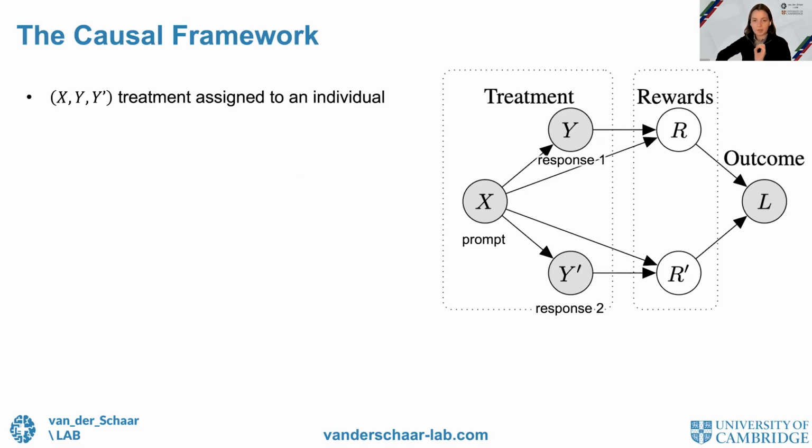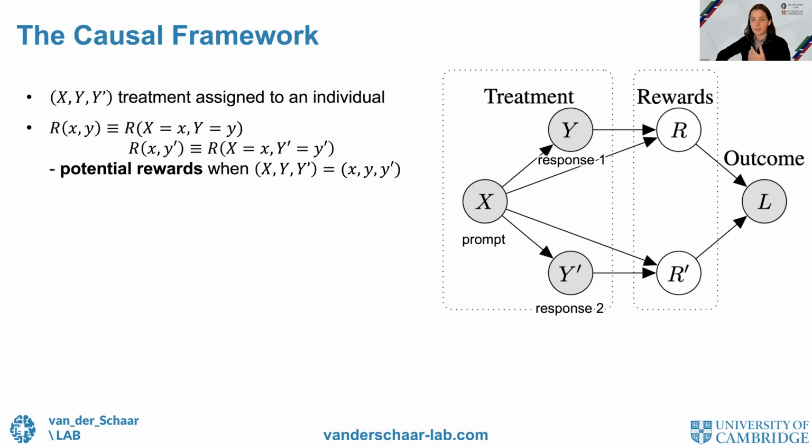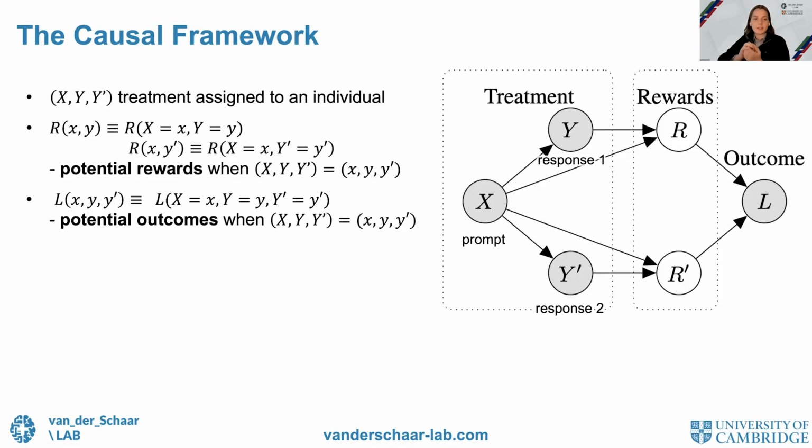And then we can introduce the notion of potential rewards, which is the hypothetical latent rewards an individual would assign to a given prompt and a pair of responses if they receive that given treatment. Analogously, we will define potential outcomes as the potential preference choices made under the assigned treatment.